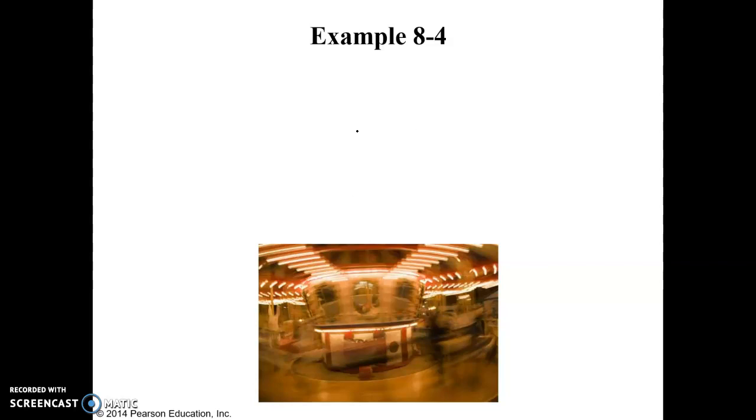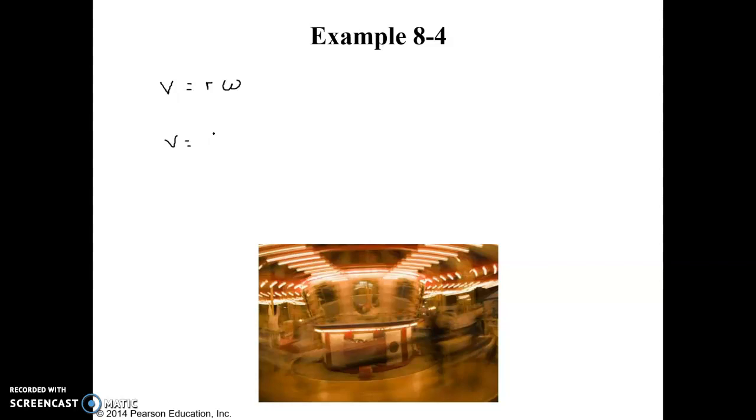Okay, and we also wanted to know the linear velocity of a child that's sitting on one of the horses on this carousel. So the relationship between linear velocity and angular velocity is v equals r times omega.